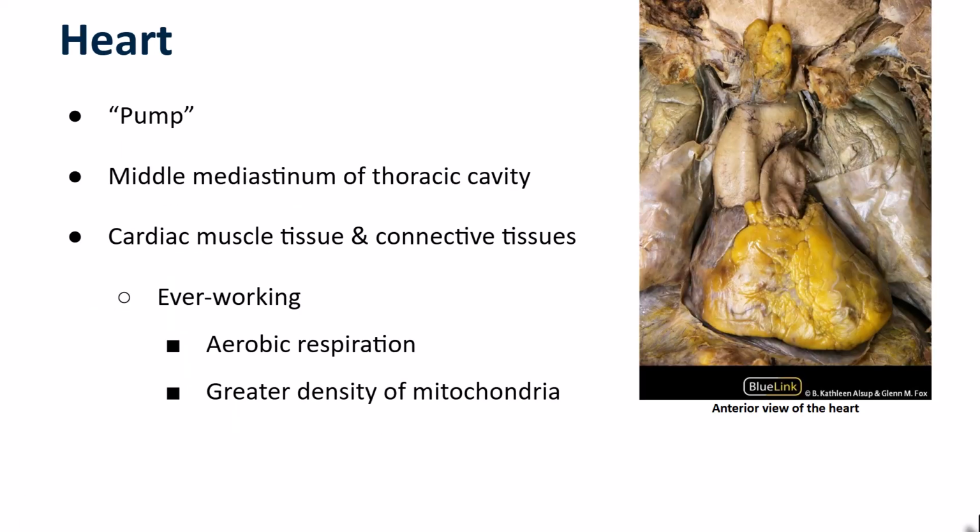The heart is the necessary pump that moves blood throughout the body. It is an ever-working pump. It sits in the middle mediastinum of the thoracic cavity. It is comprised largely of cardiac muscle tissue as well as connective tissues. And because it never stops working from before the day that you were born until the day you die, unless you are so generous as to donate your heart, it relies heavily upon aerobic respiration.